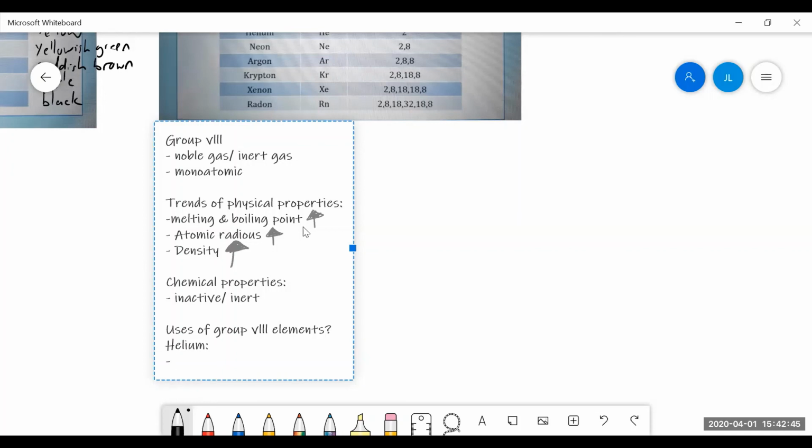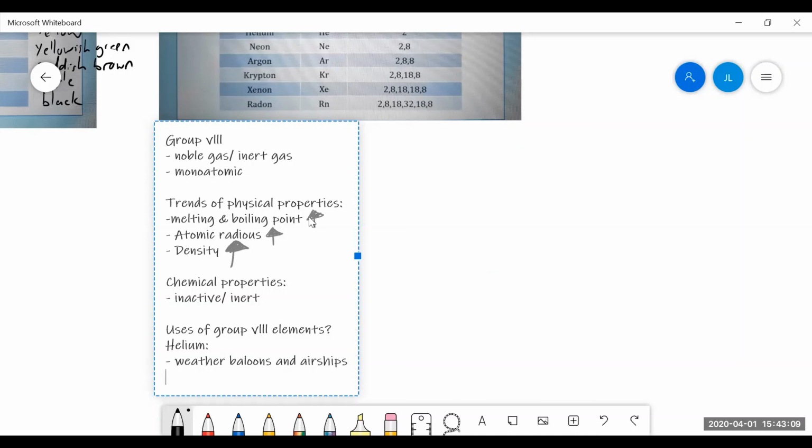Okay. And it is an inert gas, so it is non-flammable compared to hydrogen. Hydrogen is highly flammable, so it is not advisable to use hydrogen.